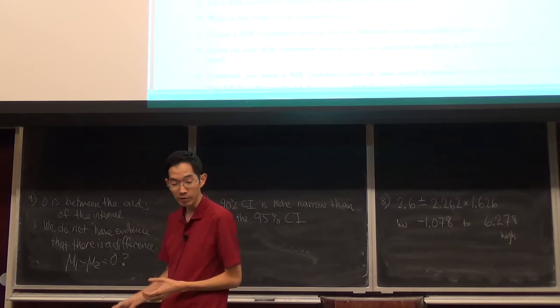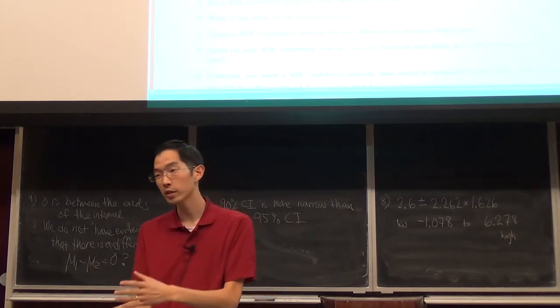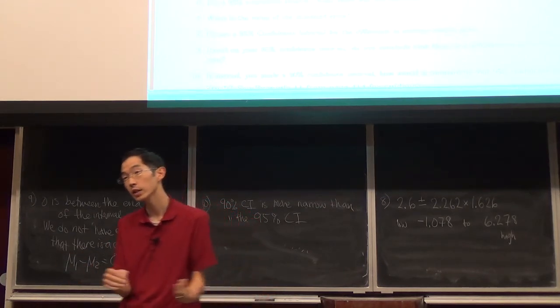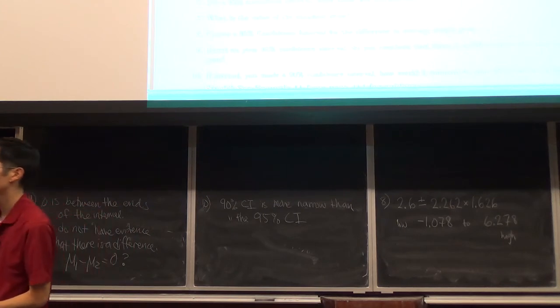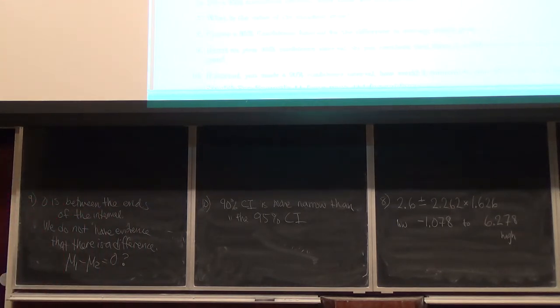Okay? If our interval was entirely positive or entirely negative, then 0 would not be a plausible value, and then we would have evidence that there is a difference. But because 0 is a plausible value, we do not have evidence that there's a difference.